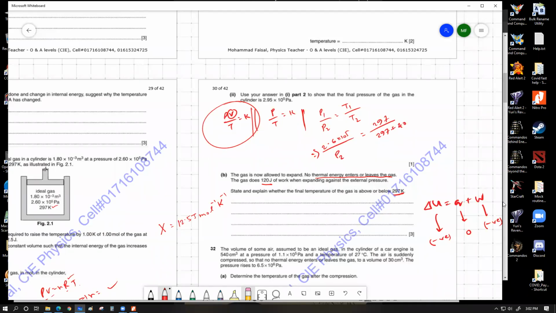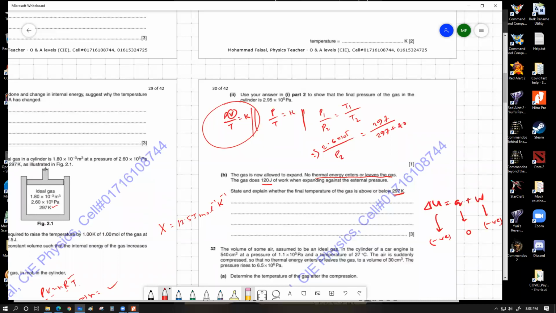The first law of thermodynamics states delta U equals Q plus W. No energy was supplied to the system, so Q equals 0. Work was done by the system, so W is negative, which dictates the change of internal energy, delta U, is negative, because ideal gas internal energy is directly related to its temperature. So temperature decreases. That's how I would write the answer.